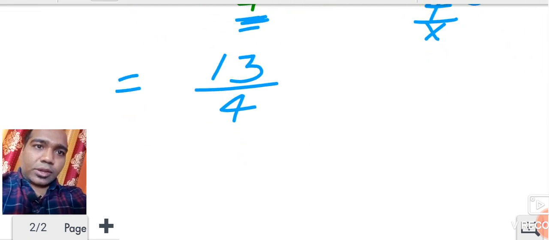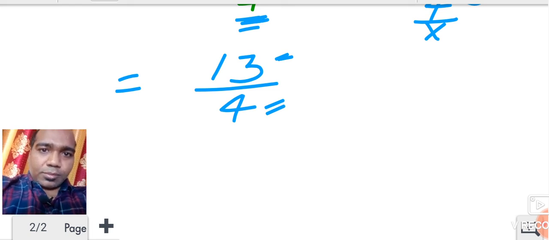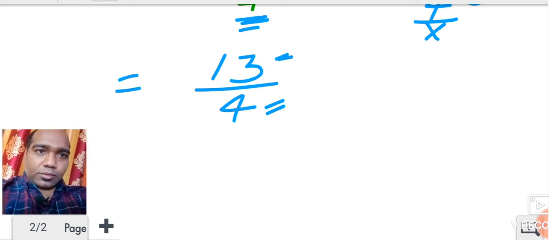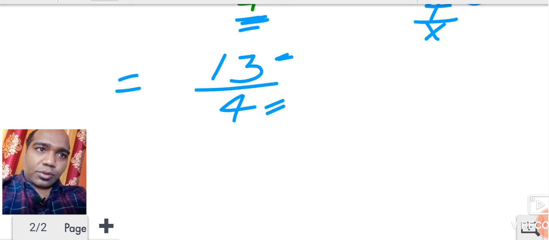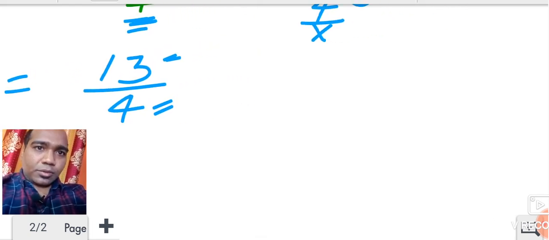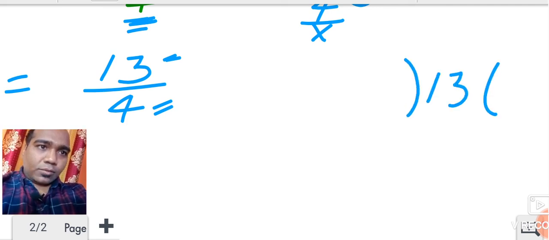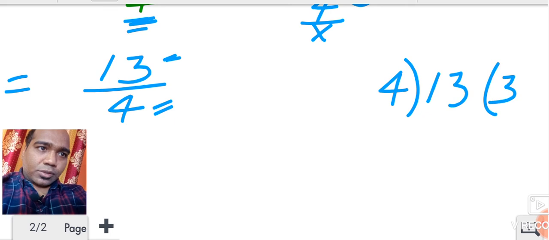Now look here, 13 by 4. You can clearly see that the numerator is greater than the denominator. So it has become an improper fraction. An improper fraction we always have to change into a mixed fraction. So 13 divided by 4. 4 threes are 12.